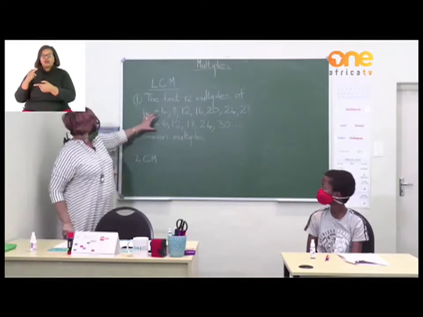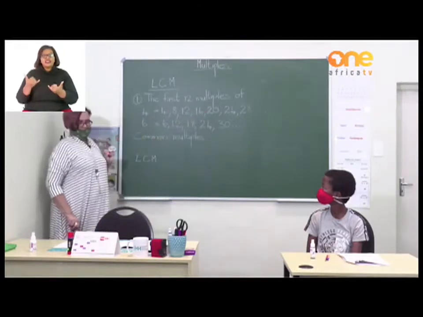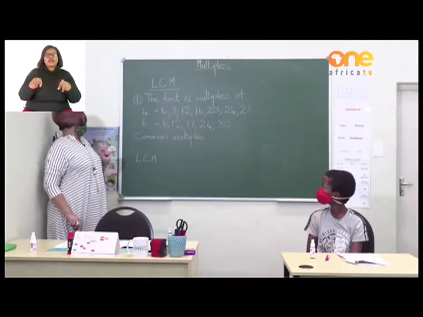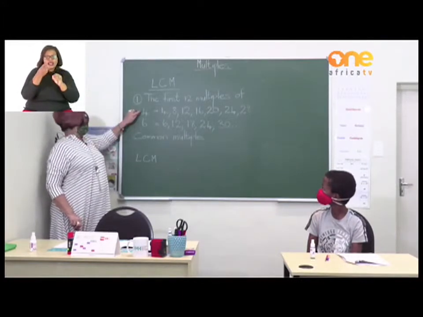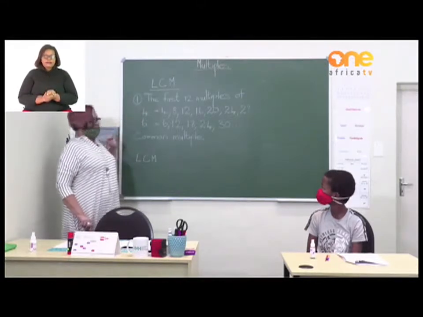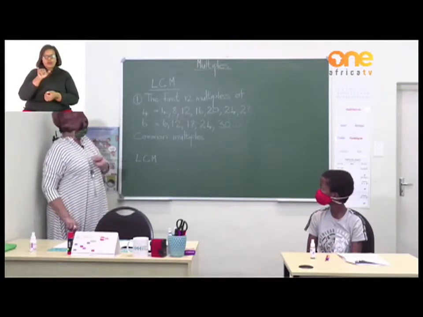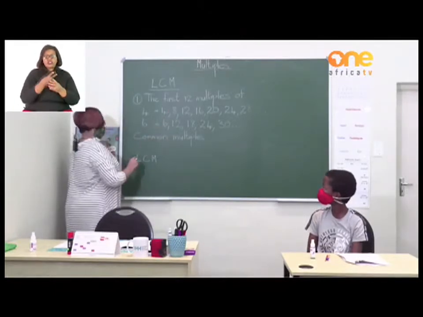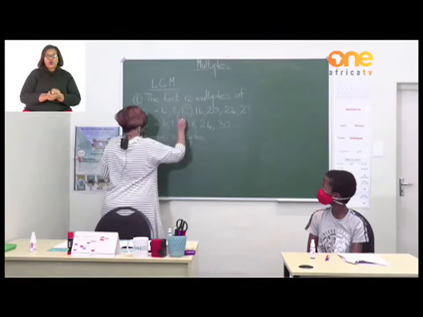Pomweni, by looking at these numbers, we have to find the common multiples. Common meaning the numbers that we find in both sets of numbers. Can you give me the common multiples that you see from the board here? 12. He says 12.